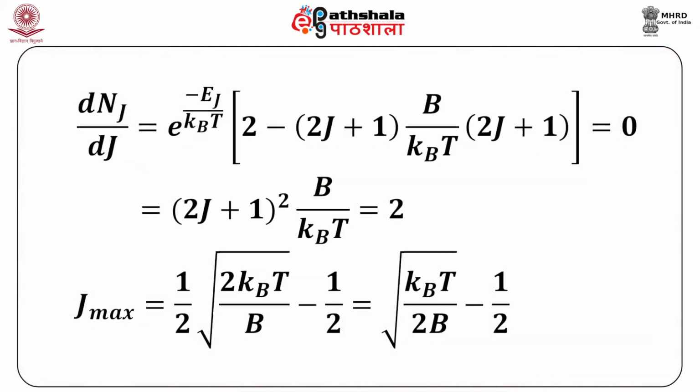So, when you do that, what you find is that j max is equal to square root of kBT divided by 2B, and this whole minus half, and obviously since j cannot take on values which are not whole numbers, you look for the nearest whole number to find out what is the value of j max.